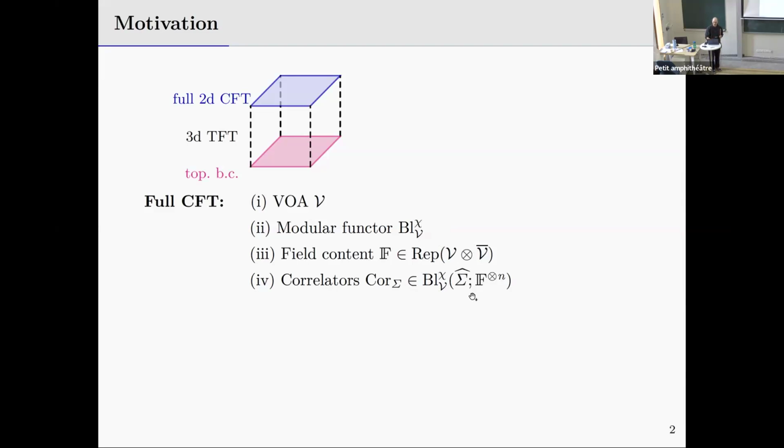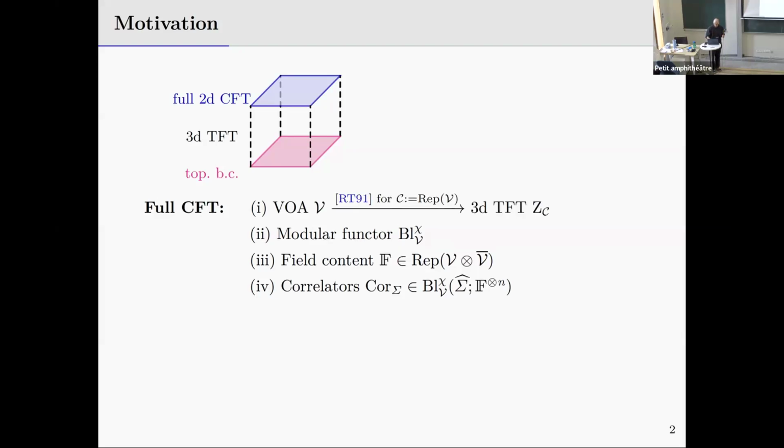Okay, so now the question becomes, how are these pieces of information, which you can make mathematically rigorous, related to this picture up here? And for this, let me first restrict to the rational setting, the setting which Ingo is using, because in this setting, the representation category of the VOA will be a modular fusion category, which means we can construct a three-dimensional topological field theory via the Reshetikhin-Turaev construction.